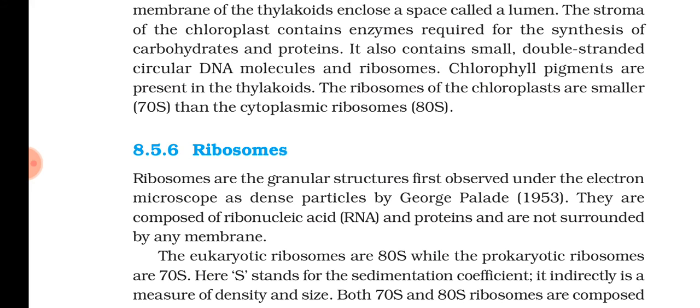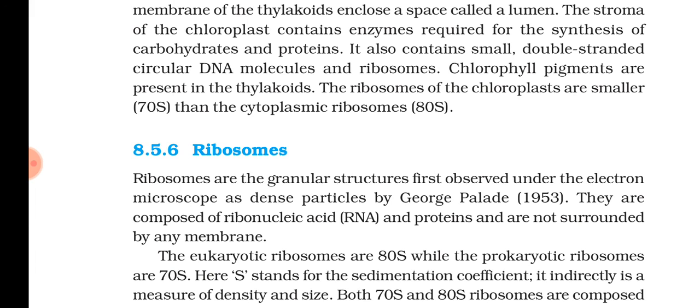The next organelle we have studied is the chloroplast. They help in what? In the process of photosynthesis. They have pigments, and these pigments trap the light energy during photosynthesis.